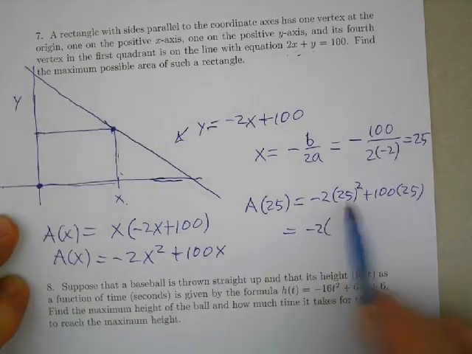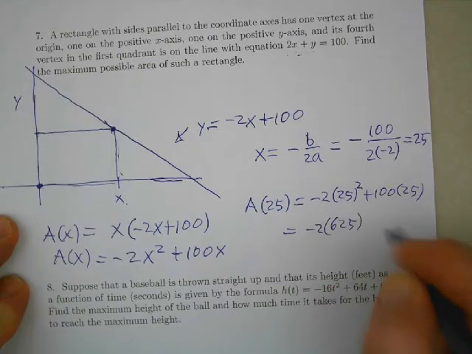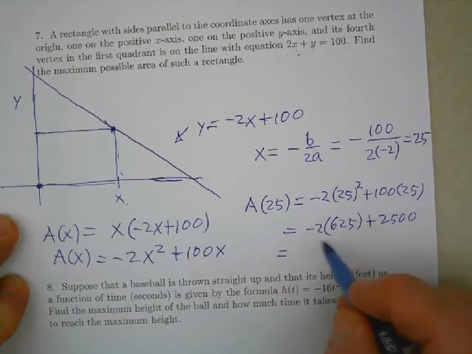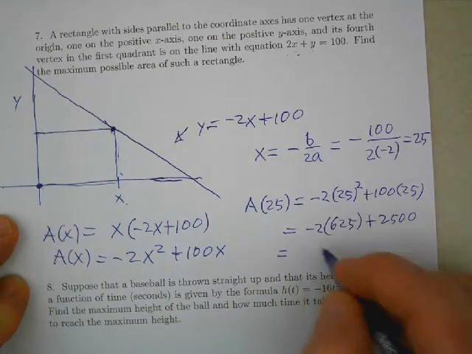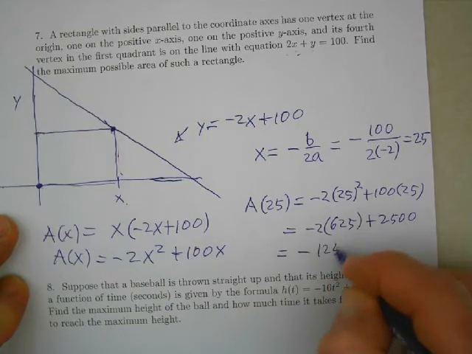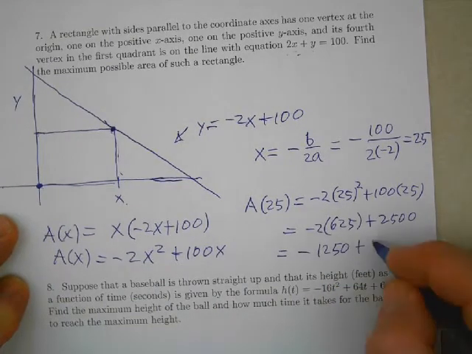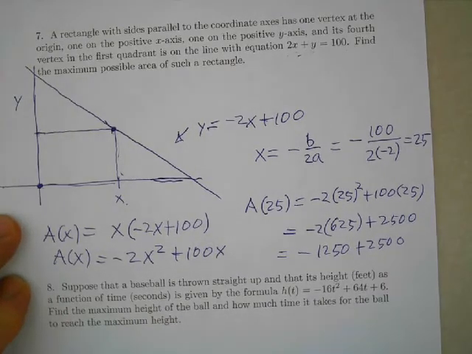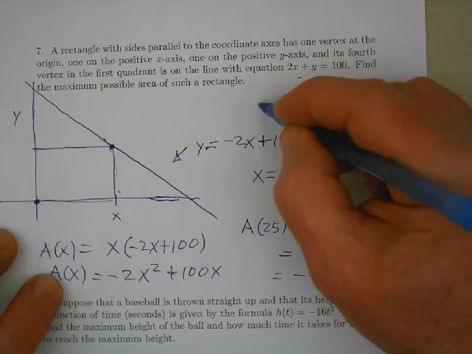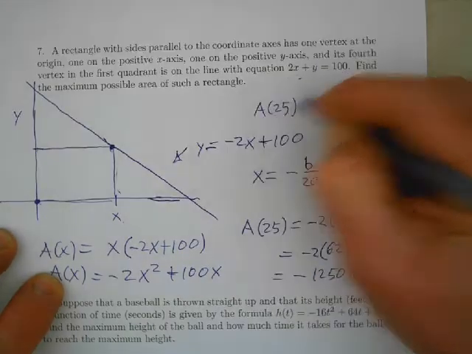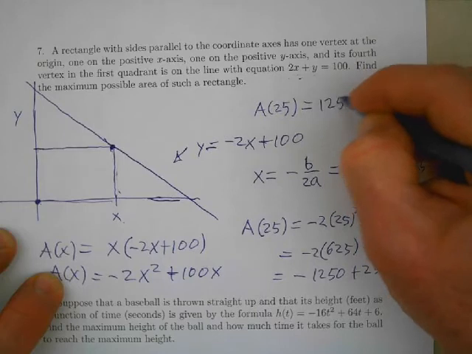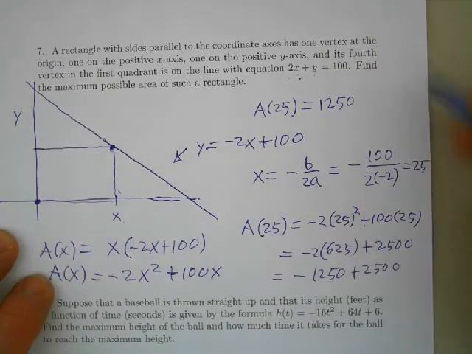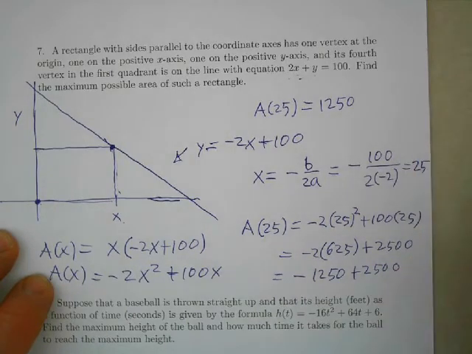The number 25 squared is 625, and 100 times 25 is 2500. -2 times 625 is -1250, and then -1250 plus 2500 is 1250. So A of 25 simplifies to 1250. That is the maximum area of that rectangle.